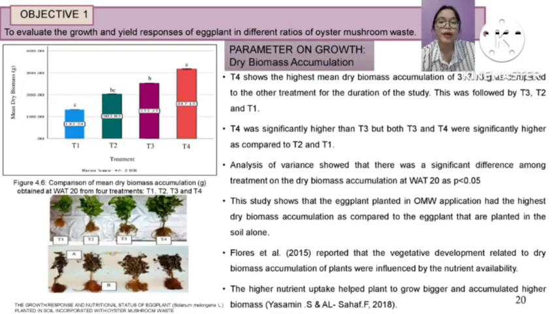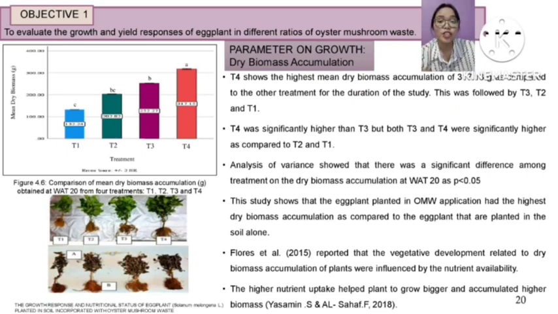Next, the dry biomass accumulation. Based on the graph, T4 showed the highest dry biomass accumulation, followed by T3, T2, and T1. This study showed that plants grown in soil incorporated with mushroom waste had higher dry biomass accumulation compared to those grown in soil alone.